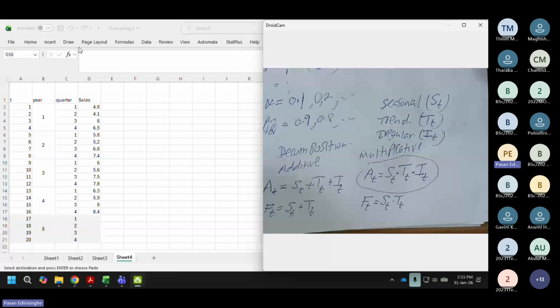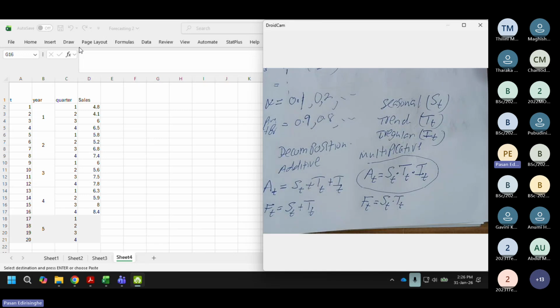Then let's see what steps we need to follow in order to identify the seasonal component, the trend component and the irregular component, right?